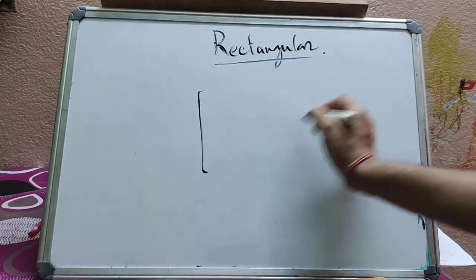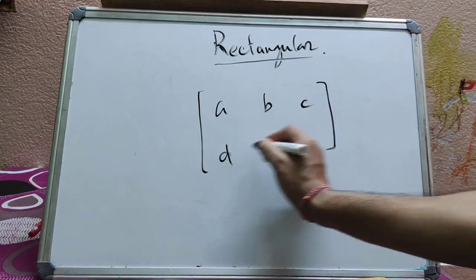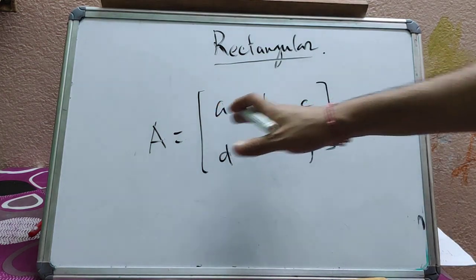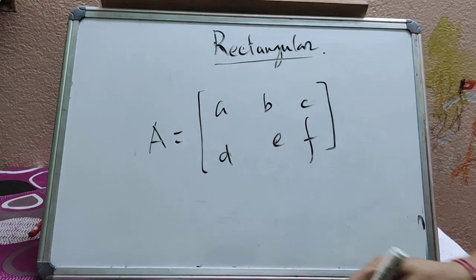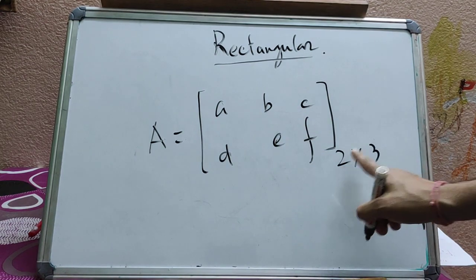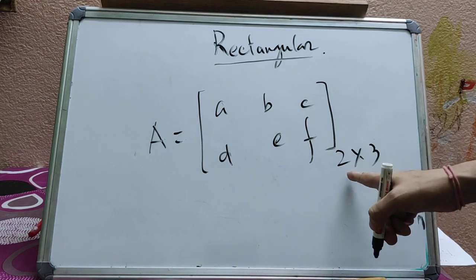Suppose A B C D E F. So this matrix, see, this matrix has 3 columns and 2 rows. That means 2 rows and 3 columns. That means the rows and the columns are not the same.